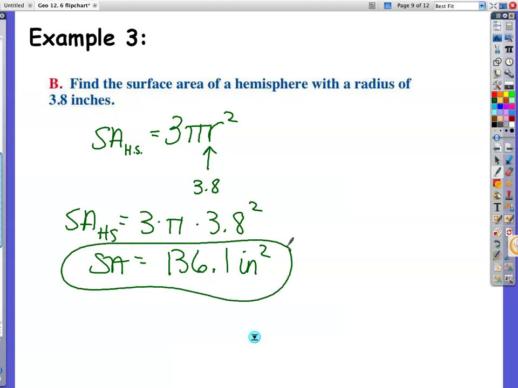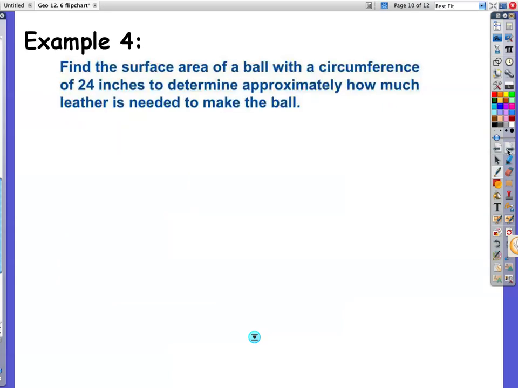Okay, and example 4. Find the surface area of a ball with a circumference of 24 inches to determine approximately how much leather is needed to make the ball. All right, so I have a circumference of 24, and I need to find the surface area of the sphere, so 4 pi r squared. Now, somehow I have to turn that circumference into some information about the radius.